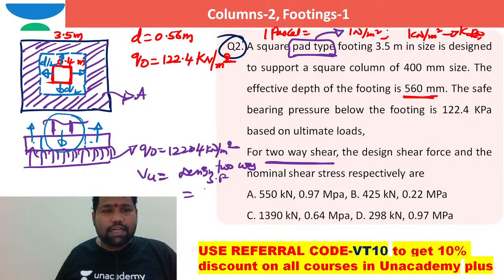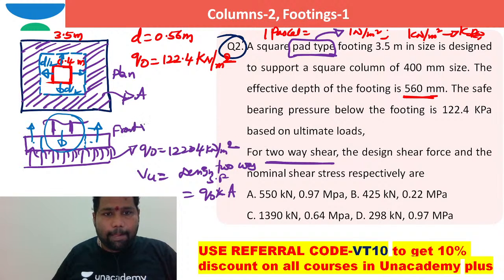How can we work out the design two-way shear force? It is definitely the stress q naught into this hatched portion area. Please understand, the hatched portion area in plan is A. This is in plan, this is in front view. Is that okay?